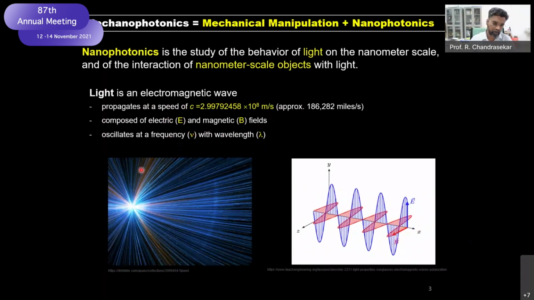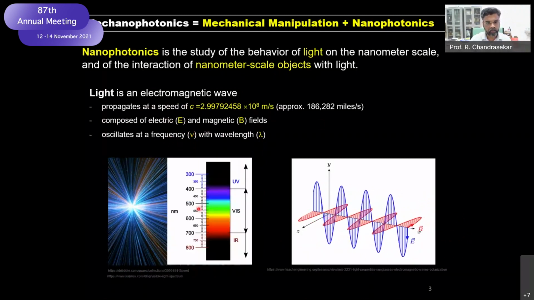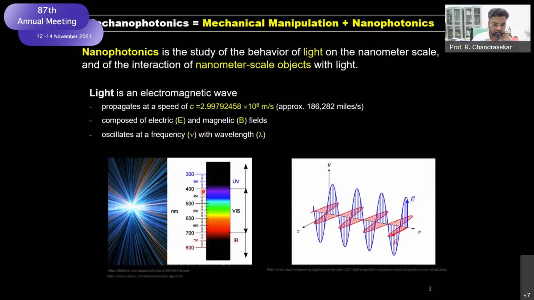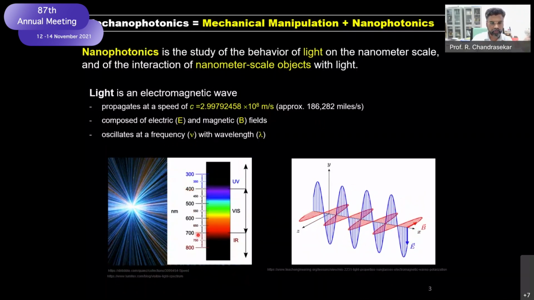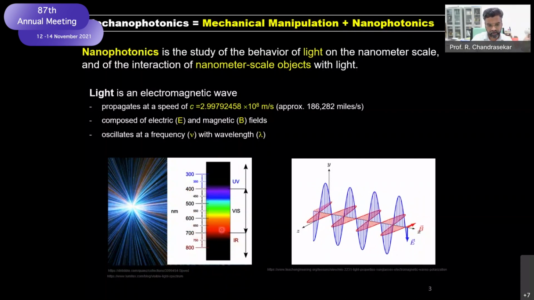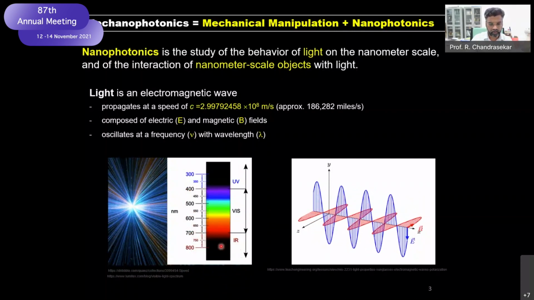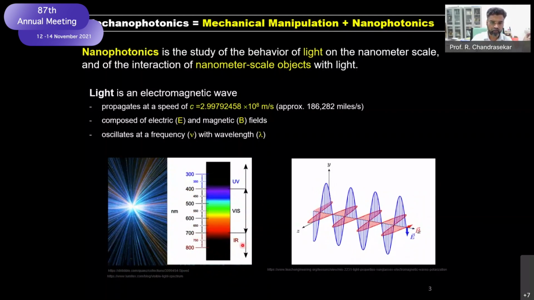In this image, you are seeing various colors visible to our eyes, ranging from 400 nanometers to 700 nanometers. In photonics, mostly visible light and infrared radiation are used. Near IR, mid IR, and far IR radiations are also used.